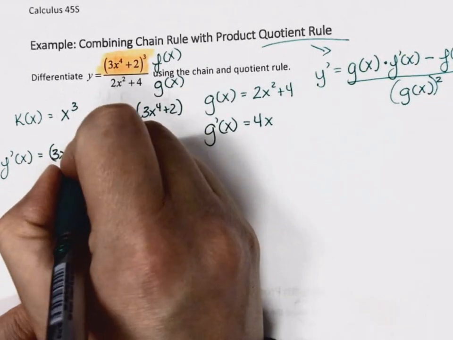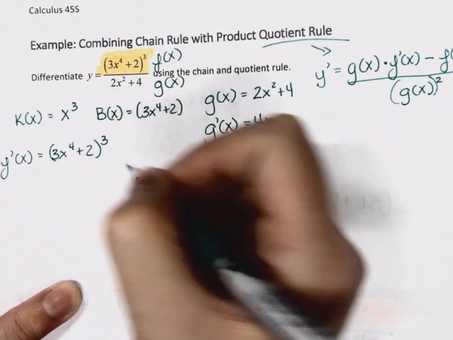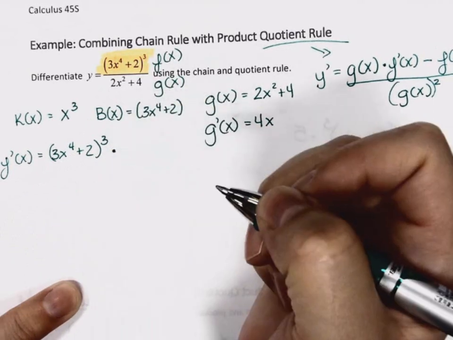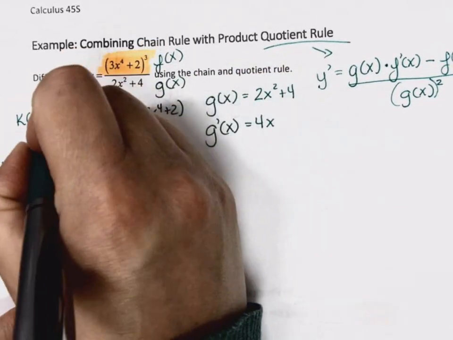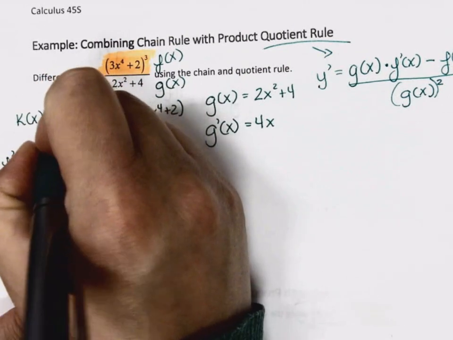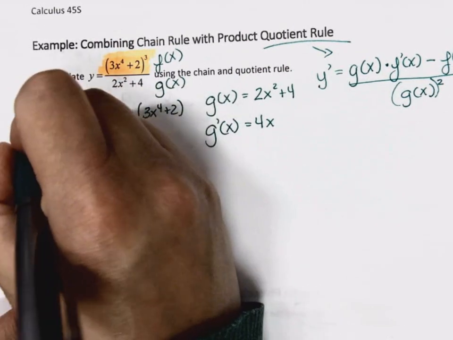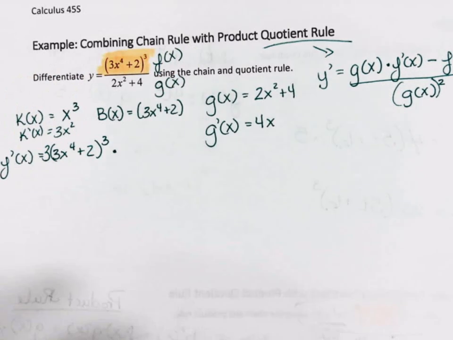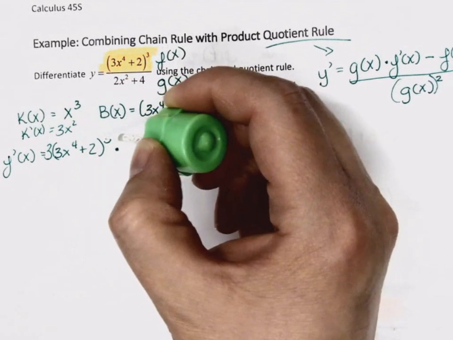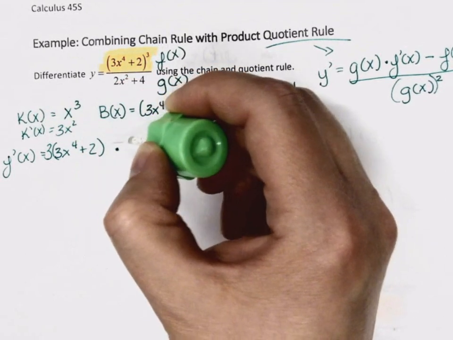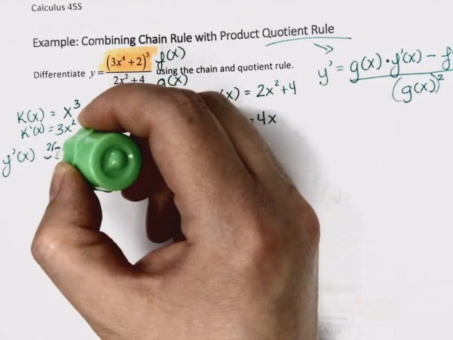That's just going to be 3x squared, right? Oh, I didn't do that right. You're right, it'd be 3x squared, because I didn't even do my derivative of this. See, if I only had one question to do, I'd be a genius, but doing more than that, I can't be responsible for that.